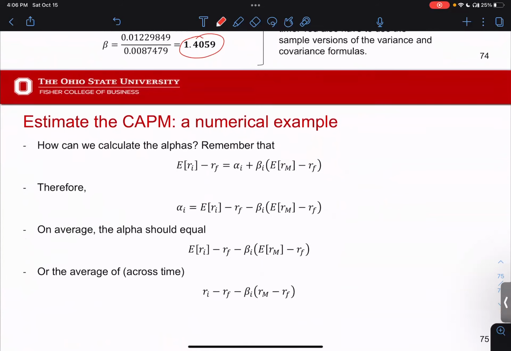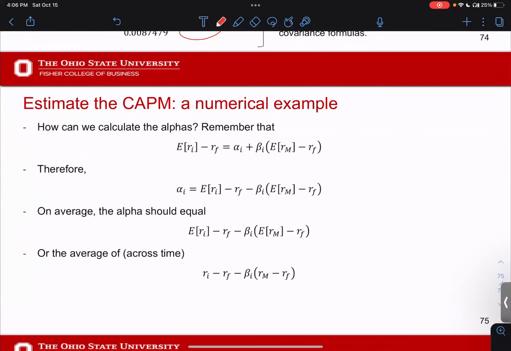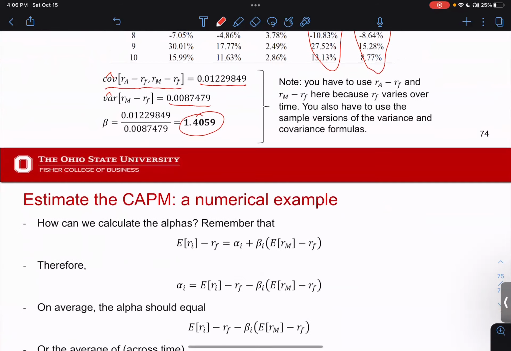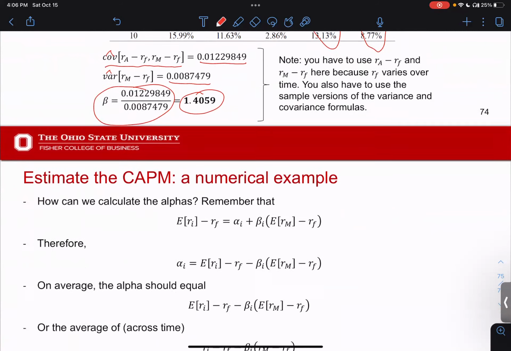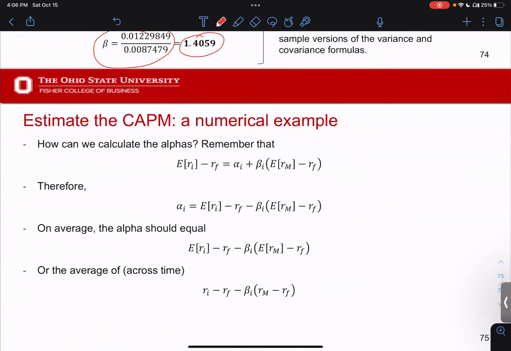Okay. Then if you use the second way to calculate the beta, like plugging in the formula here, what will be the alpha? Because we have this formula that we talked about at the beginning of this lecture. So alpha will equal, you just move this whole thing to the left-hand side.